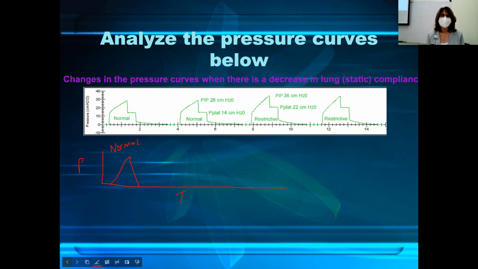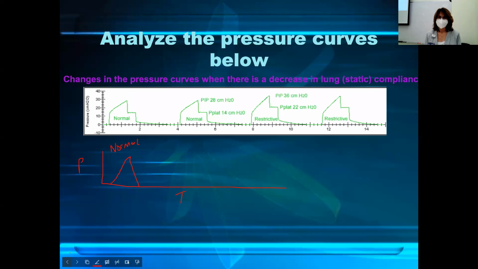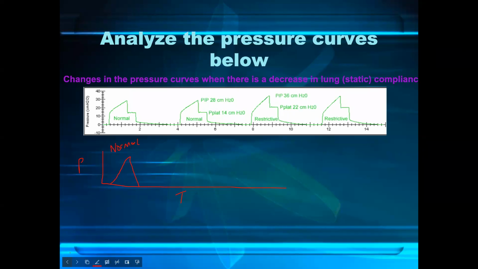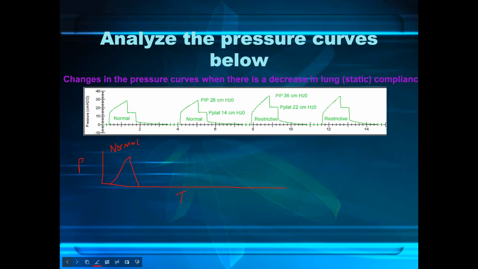Yes, so that would be dynamic. Very good. And then static is the PEEP? No, now I'm getting it, static is the plateau. Yes. It's confusing because they each have two names, I think. I think so too. All right, good job.